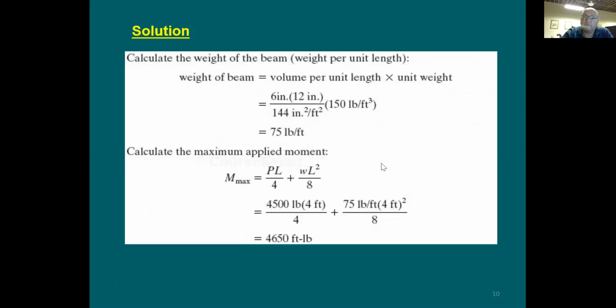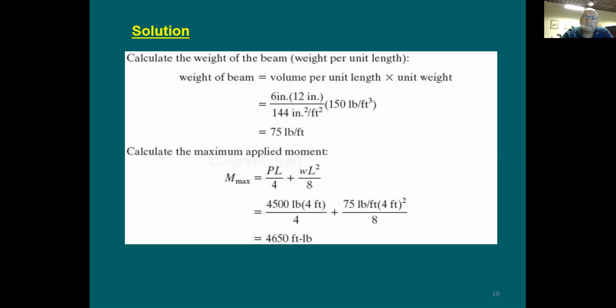Now you need to figure out the moment applied to this beam. You have moment coming from two sources. The first one is the uniform load, 75 pounds per linear foot. The other one is the concentrated load of 4,500 pounds.